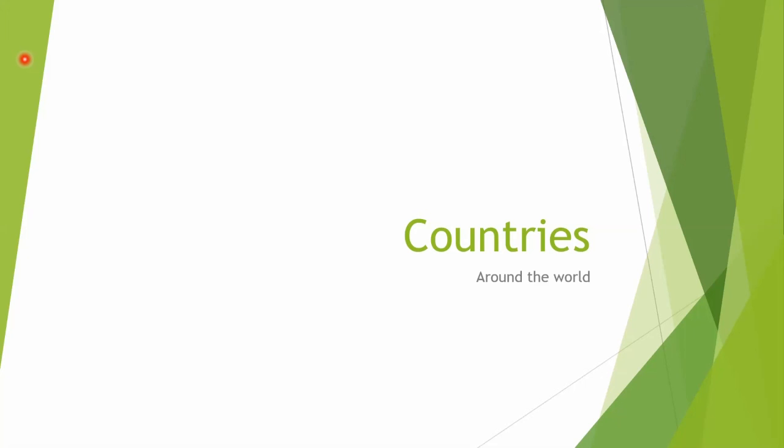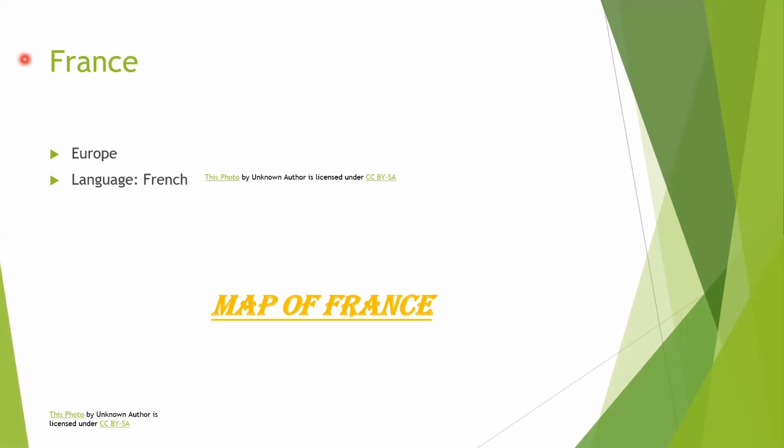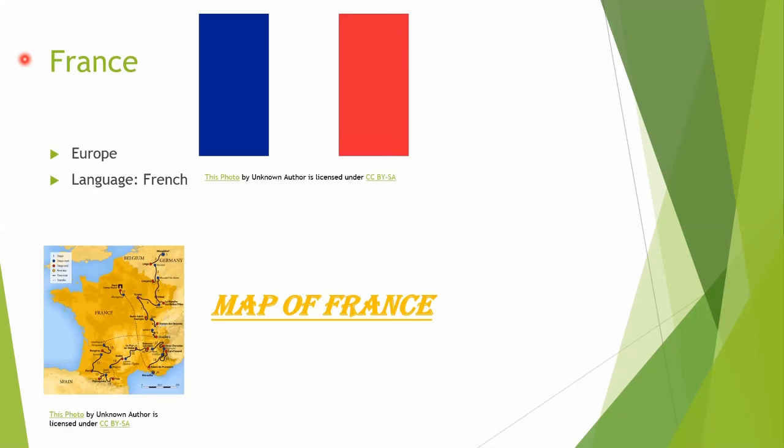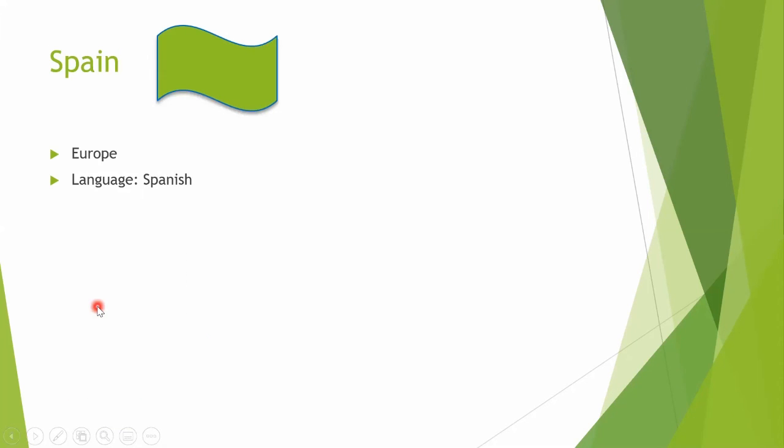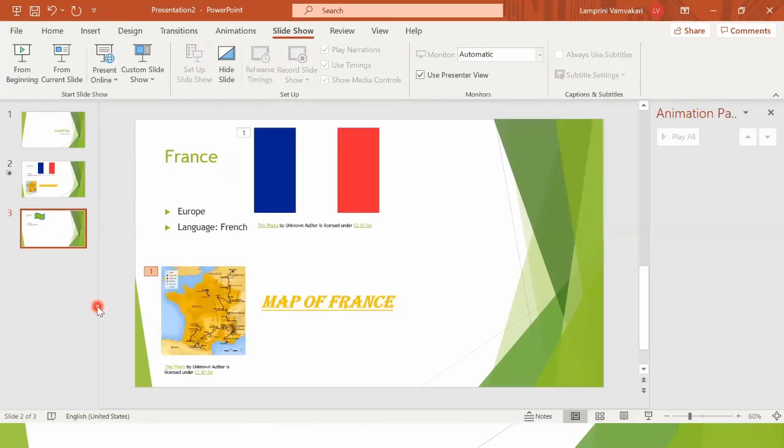I usually tap on the spacebar. Okay. And the animation. So first the flag appeared and then the map flew in. And my next slide. To exit my slideshow, I could simply tap on Escape.